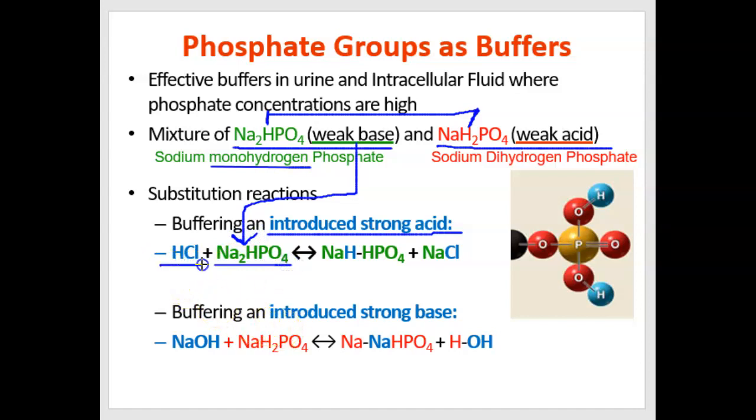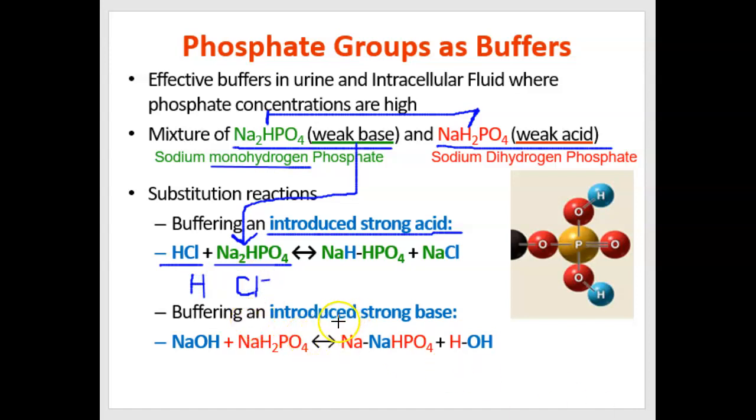And the strong acid I chose just randomly is hydrochloric acid. And so hydrochloric acid readily dissociates into H, hydrogen ion, and a chloride anion.